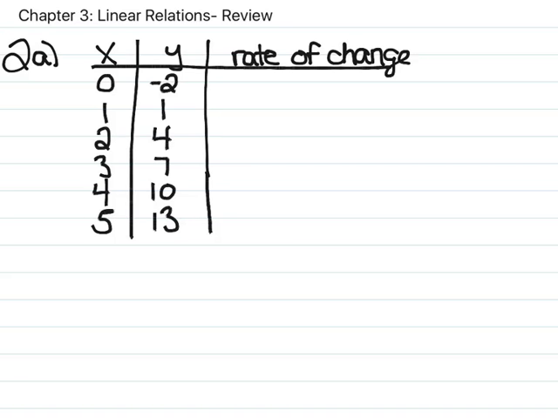Chapter 3 Review. Question 2a asks you to copy and complete the table of values to find the rate of change. This is the table that you have in your book. To find the rate of change, it's the difference between the y values. So you go from here, and you get a difference of 3, because 1 minus -2 equals 3.